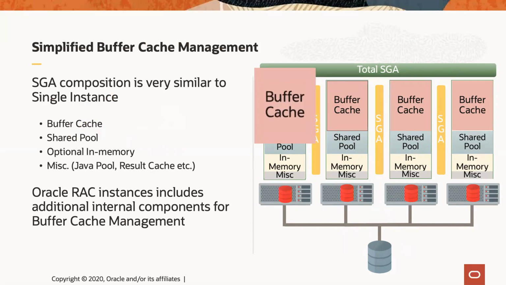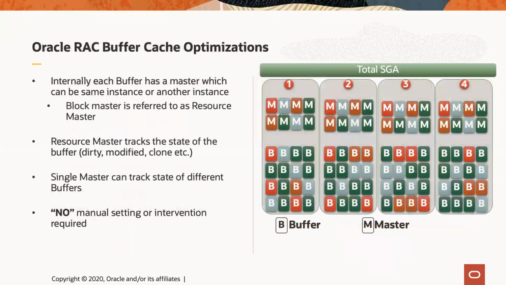Now, the buffer cache is where we have this unique internal implementation. Again, the customer doesn't have to know about it, but this is depicted here for understanding the algorithm changes and improvements. If you look at the instances as 1, 2, 3, 4, we have these things called M. M is a master and B is the block or the buffer.